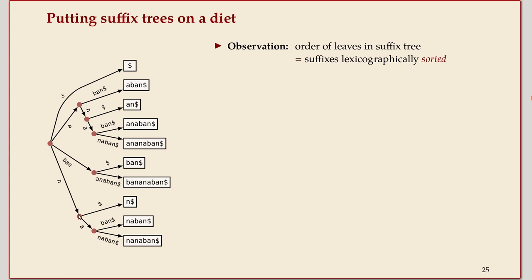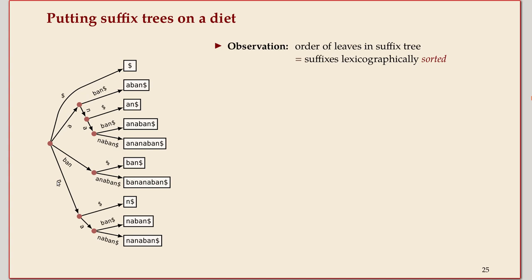Moreover, I have some freedom in the tree in which order I list the children of a specific node. But a very good convention, and one that I want you to follow, otherwise you will get trouble with the tutorial questions, is to list the children in lexicographic order.